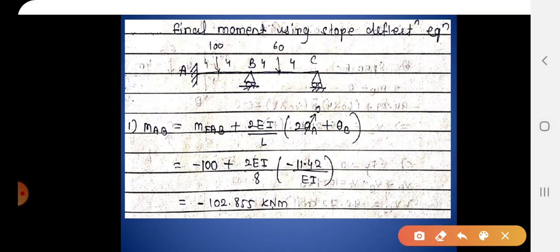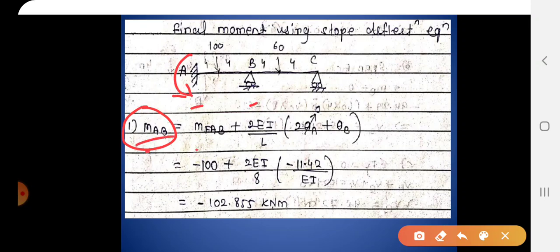Now you can remember easily that the slope deflection equation we have to use depends on the support conditions. Okay, so we will go one by one. MAB, yes, what should be MAB? For the AB part, A is the near support and B is the other support, and B is a continuous support, so we have to use the standard slope deflection equation.